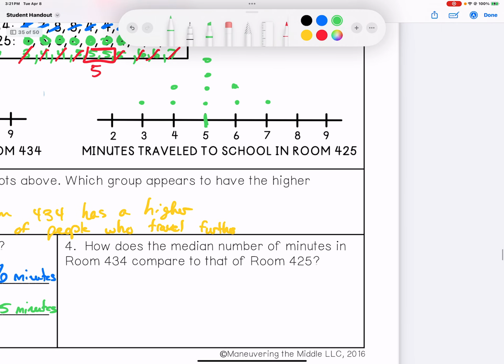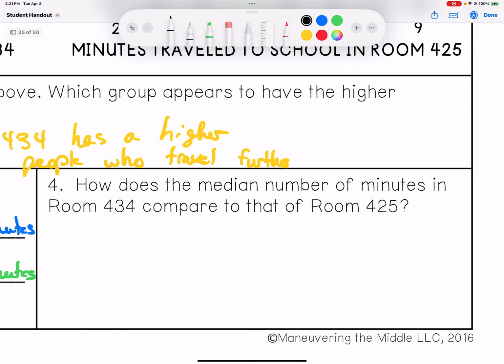So let's write this. I'm going to write it in black here.